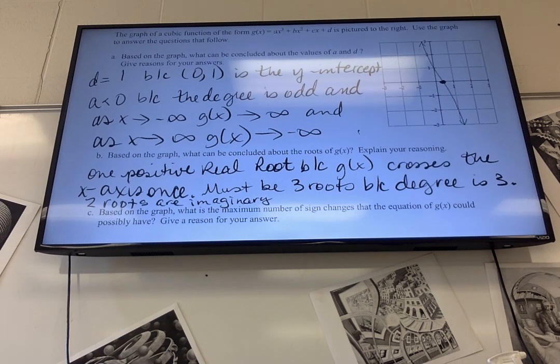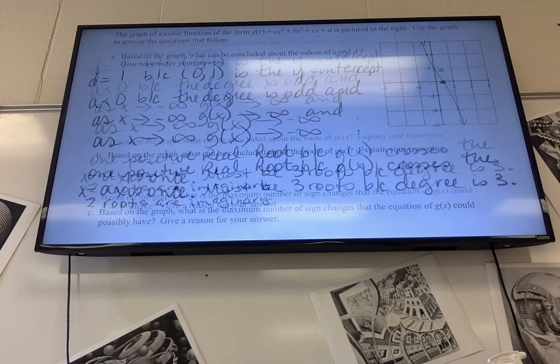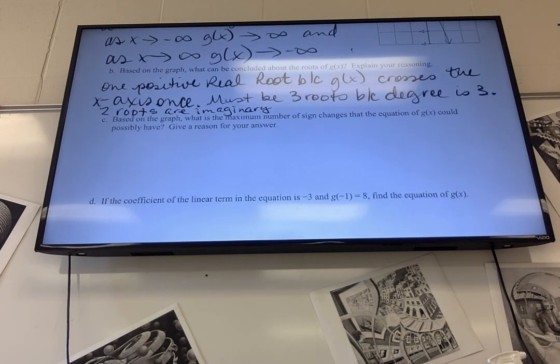C, based on the graph, what is the maximum number of sign changes that g of x could possibly have? I'm still writing p of x, it's g of x.